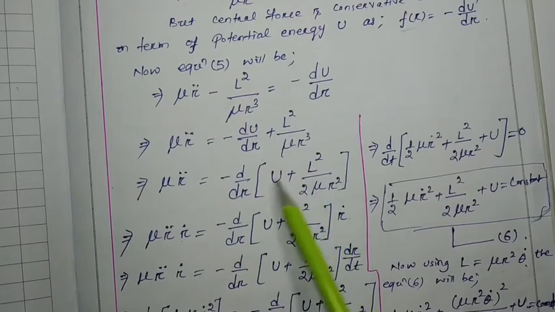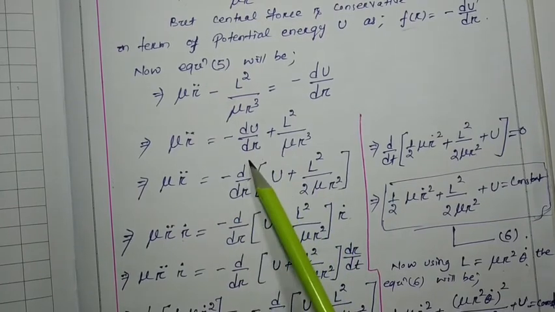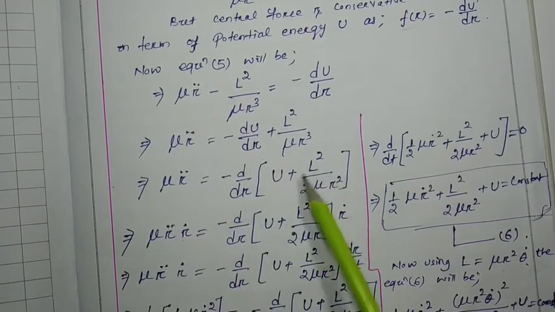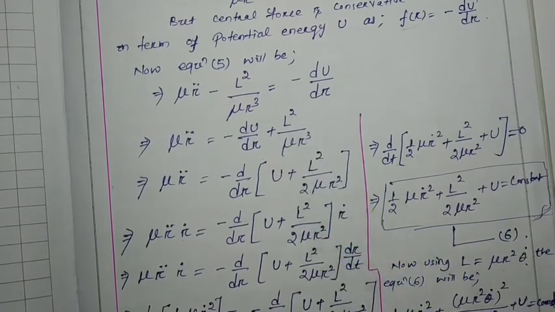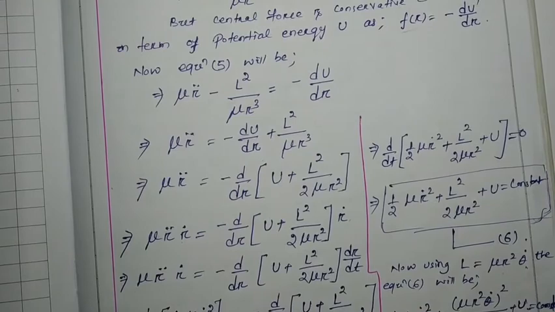You just take the derivative. The first term will be minus dU/dr. For the second term, the derivative of 1 by r² with respect to r, how much will it be?